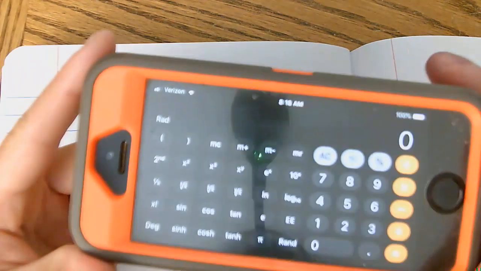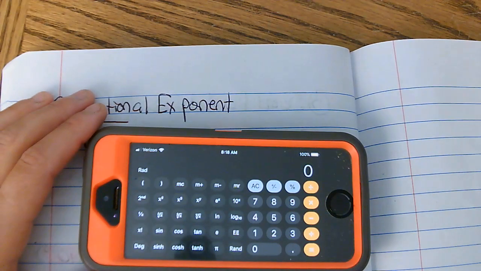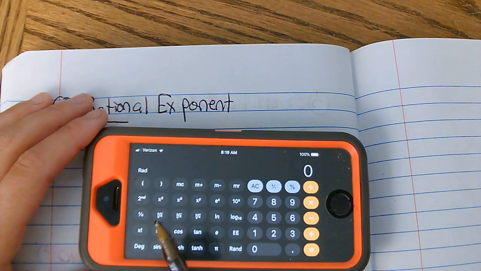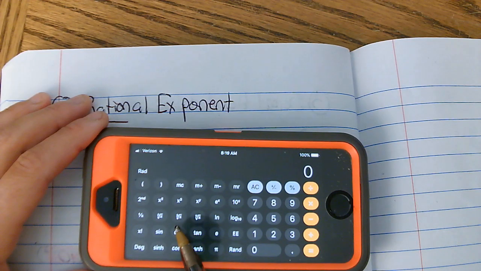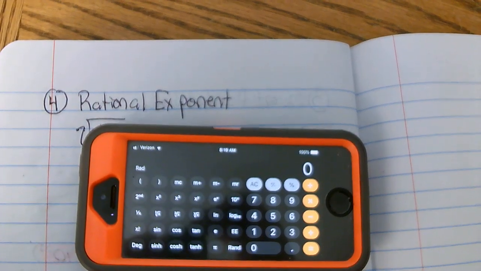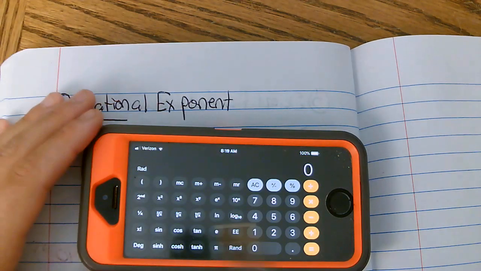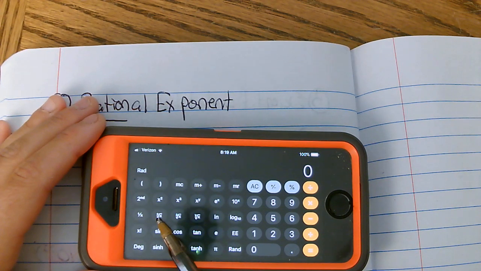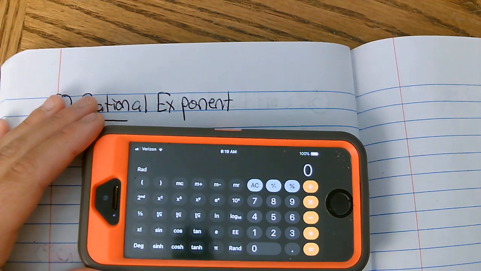I don't know if you guys can see this all that well, but right here is my square root button, and right next to it is my cube root button. There is a tiny, tiny 2 off in the corner of that square root, and a tiny, tiny 3 off in the corner of that cube root.